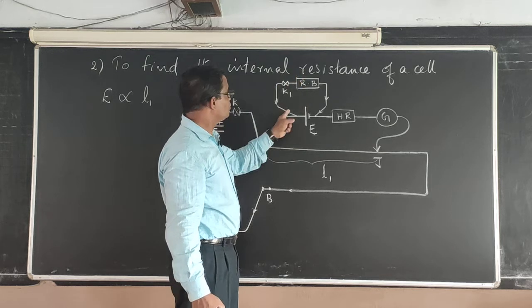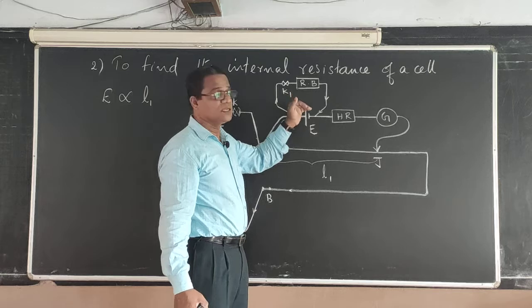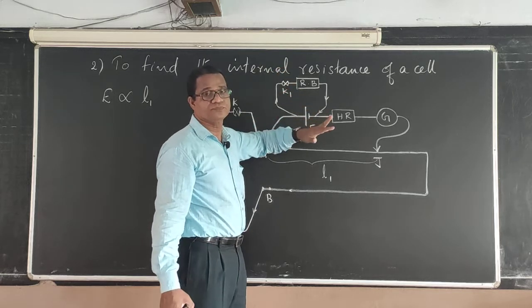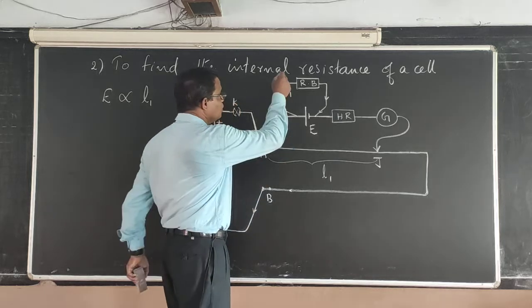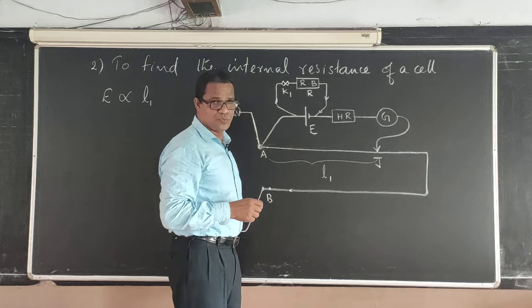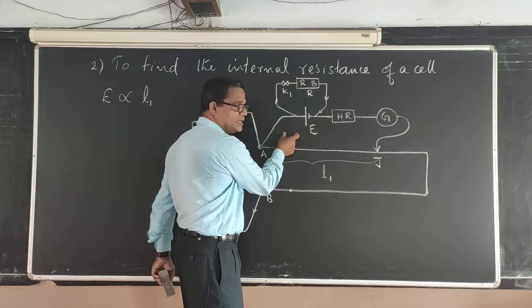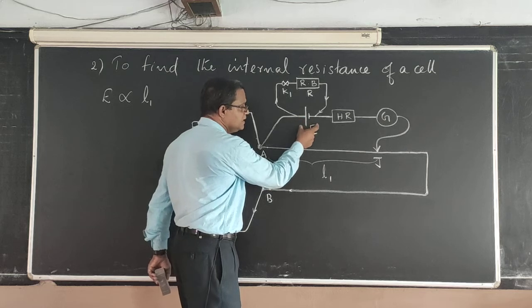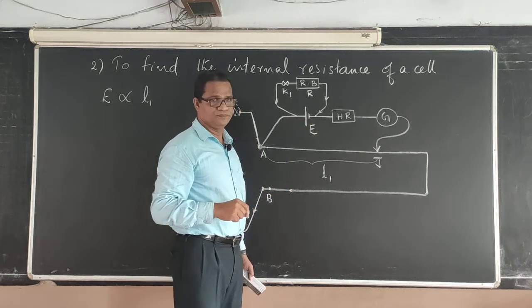If you want to block this current through this part, you have to take out this key. Keep this part open. Otherwise, this will continue to flow. So when I put the key over here and I take a resistance R in this resistance box, a definite amount of current is flowing through this. That means that this EMF is now used in a circuit.